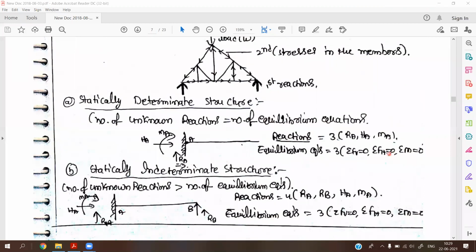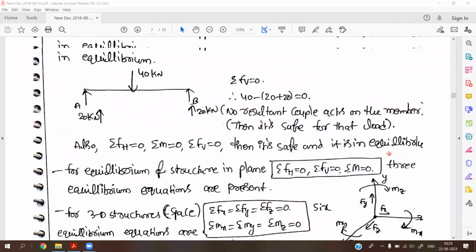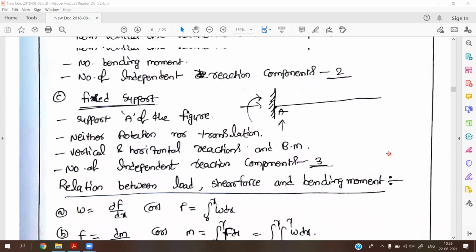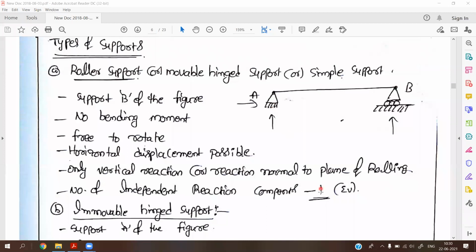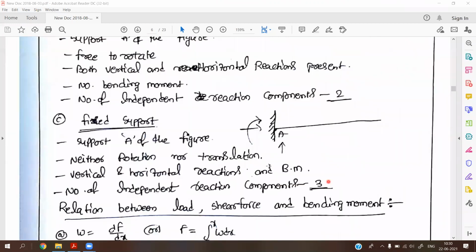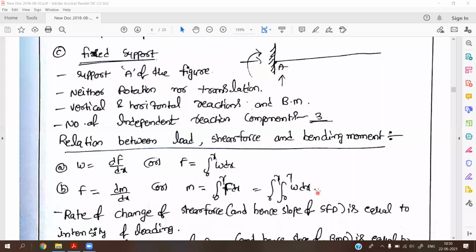So we have discussed reactions. Finally, again I am explaining. For a roller support we have only one reaction. For an immovable hinged support we have two reaction components. For a fixed support we have three reaction components. Next, equilibrium equations.